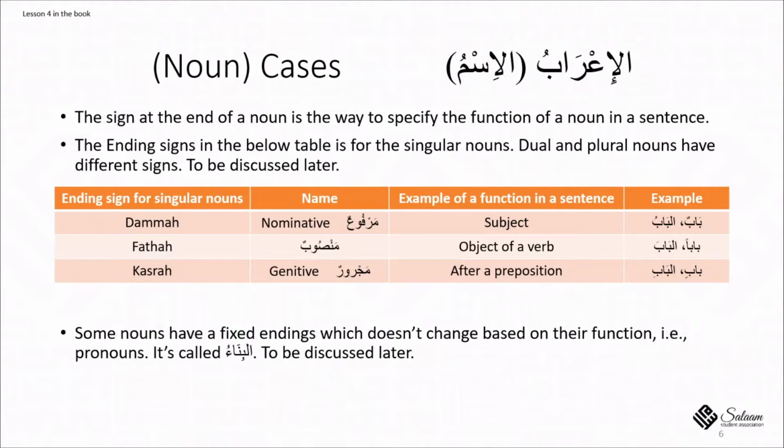There's a brother asking, Ustad, could you give us some examples from the Quran? Yeah, I can. Just one second. This is actually good. We can switch all the examples that I give in the lessons to examples from the Quran.